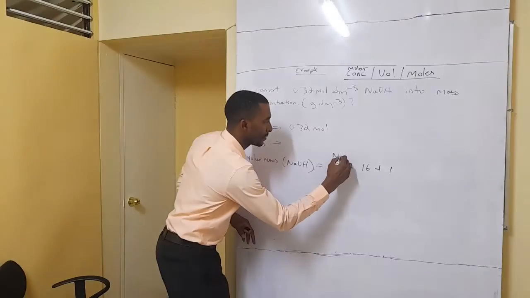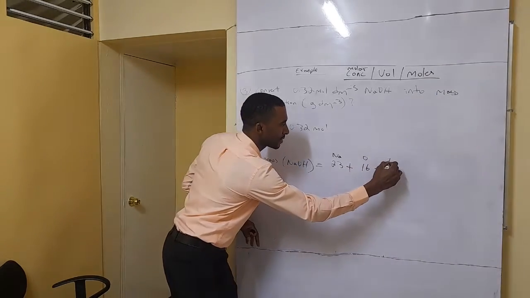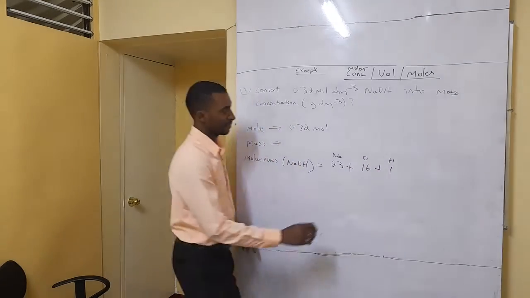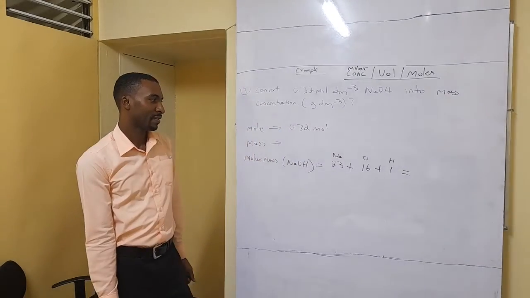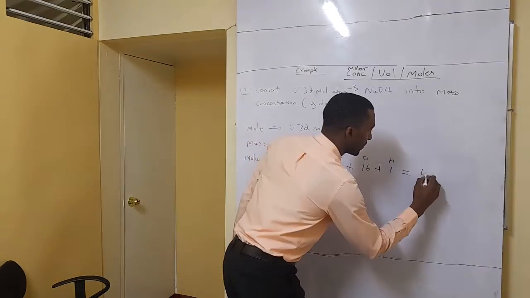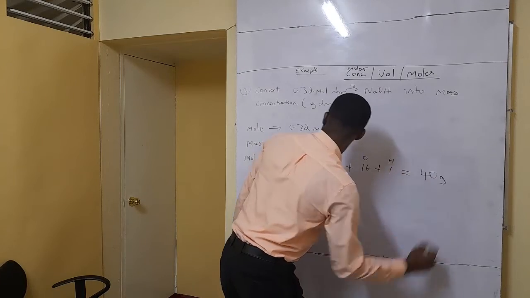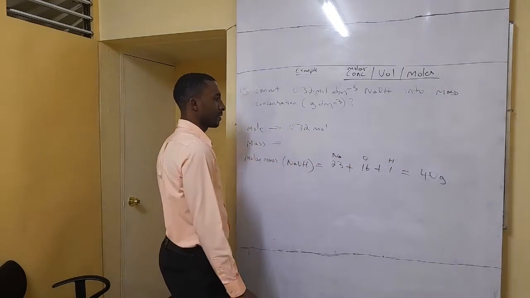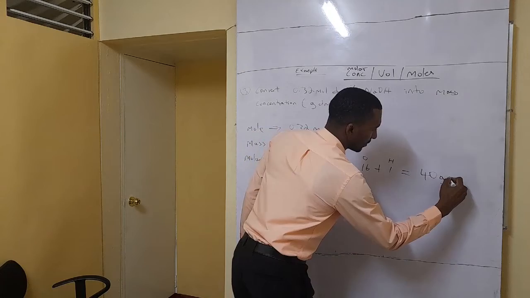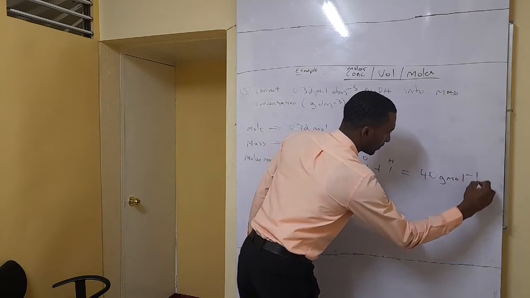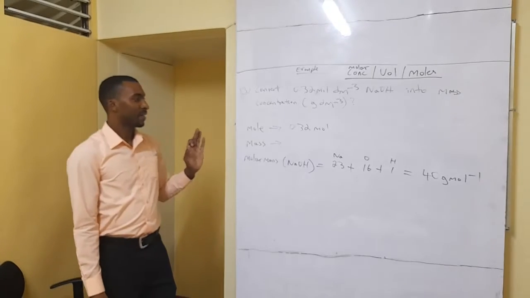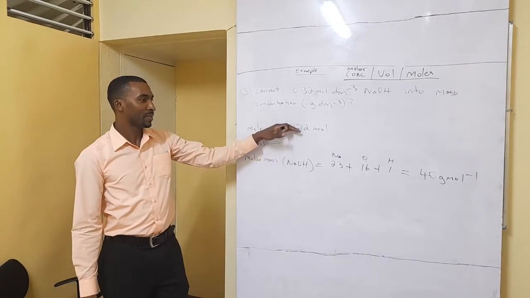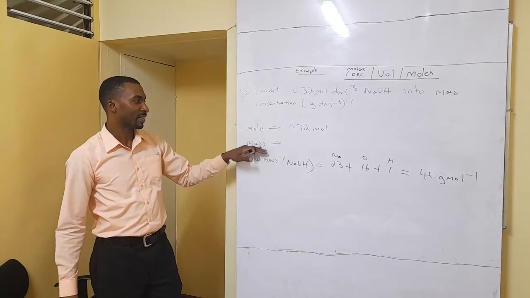So this is sodium, this is oxygen, this is hydrogen, so that would be 40. So we have the moles, we have the molar mass, so we can calculate the mass.